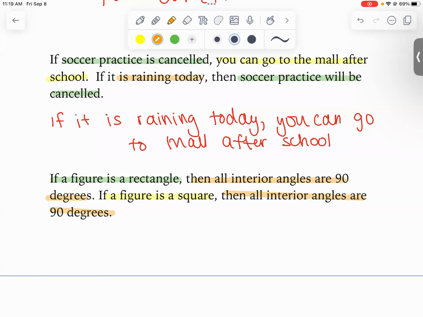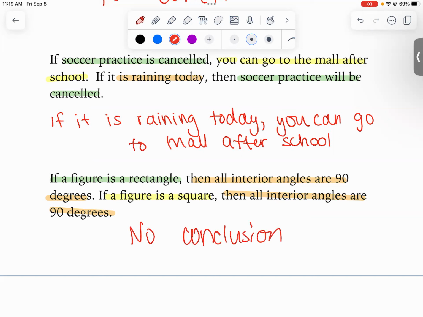Okay, and that is the conclusion in both statements, right? Yes. In order to use the law of syllogism, we need the statements that match. One needs to be a conclusion, one needs to be a hypothesis. So this is not matching up with what we need. Okay, we have to have that transitive property there.